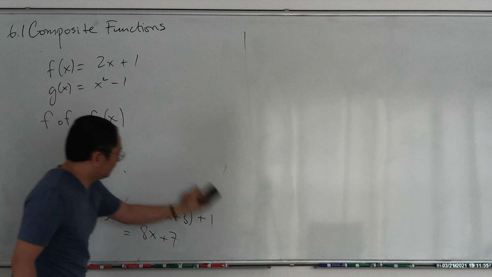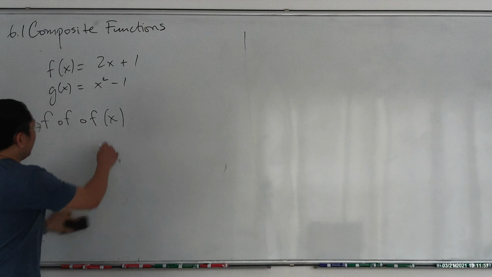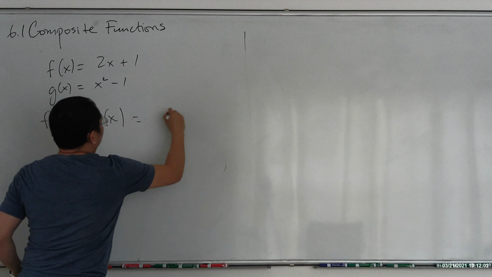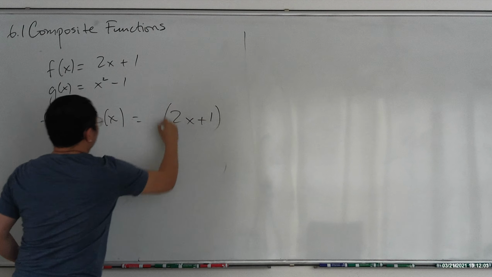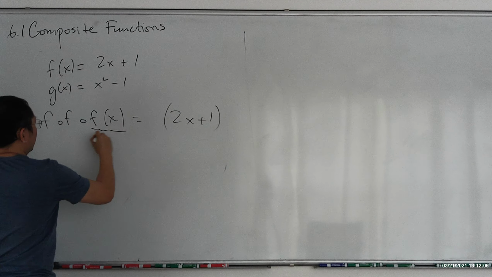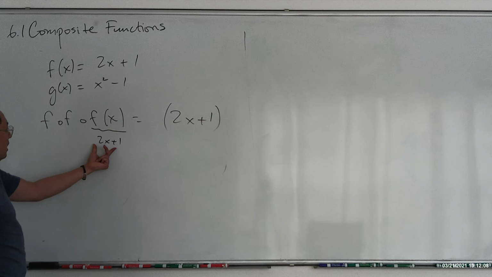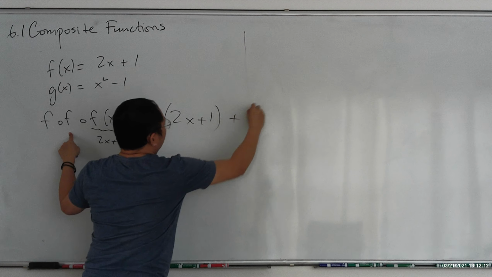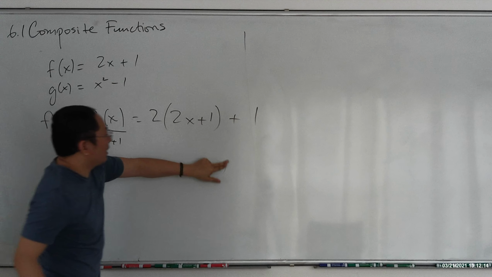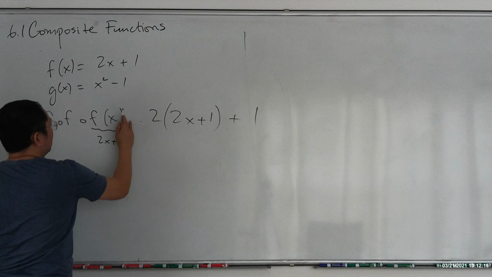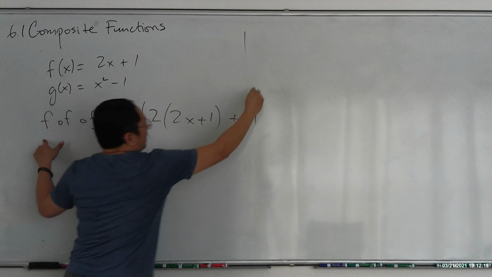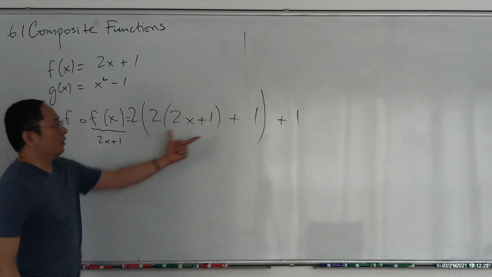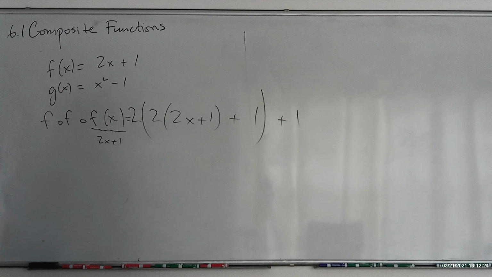Look. x plugs into f, I got what? 2x plus 1, right? Okay? And now what do I do with 2x plus 1? I plug into f again, so 2 times 2x plus 1 and then plus 1. Okay? Now the whole thing becomes the input, plug into f one more time. So what? 2 times the whole thing and then plus 1. And then you simplify. You should have the same answer.